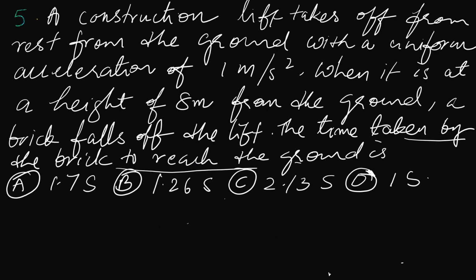A construction lift takes off from rest from the ground with a uniform acceleration of 1 meter per second square. When it is at a height of 8 meter from the ground, a brick falls off from the lift. The time taken by the brick to reach the ground is? First of all, let us find the velocity of the lift.